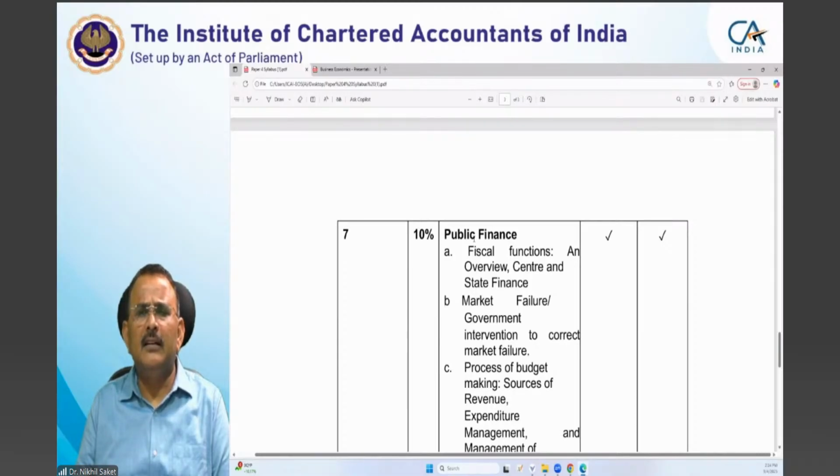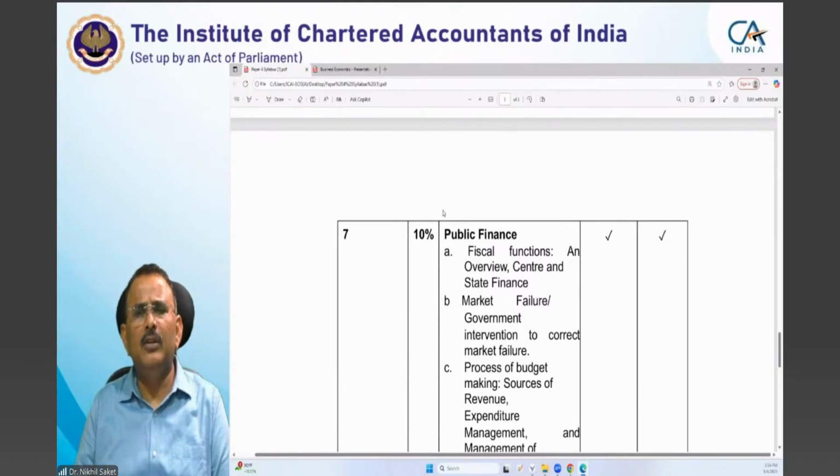Sometimes in previous examinations, a few functions are given, and you have to write under which head that particular function will come, whether it is the allocative function, the distributive function, or the stabilization function.